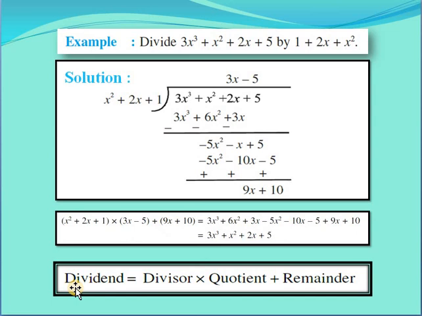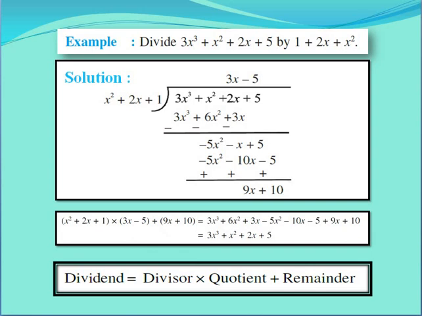The same thing is applicable for polynomials. But instead of dividend, we take a polynomial p of x. The divisor we take as g of x, the quotient as q of x, and the remainder as r of x.